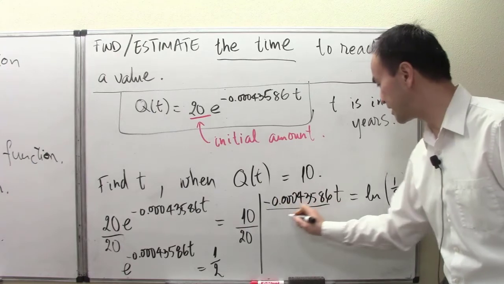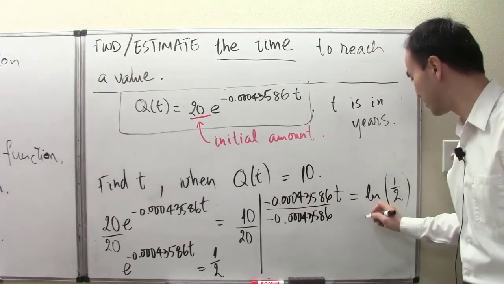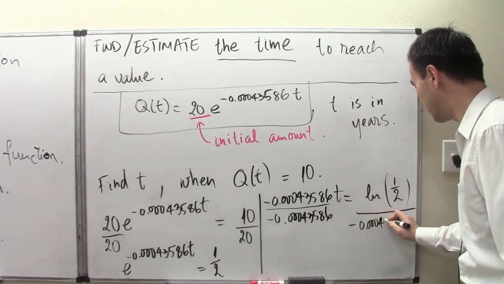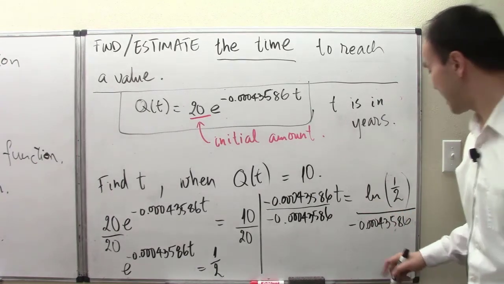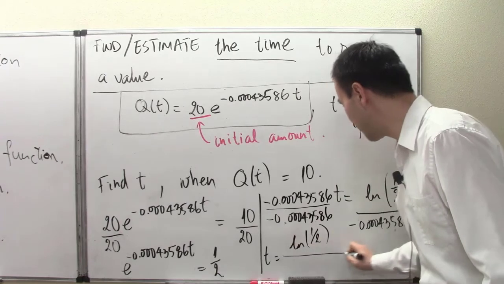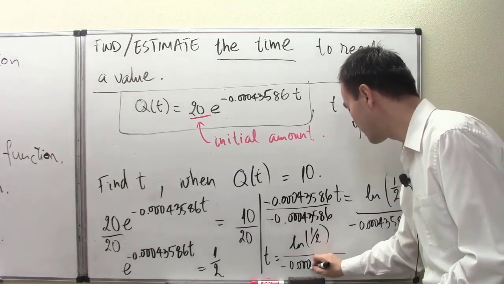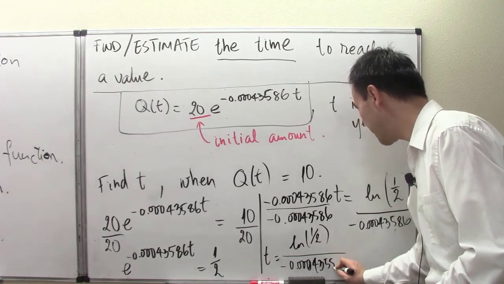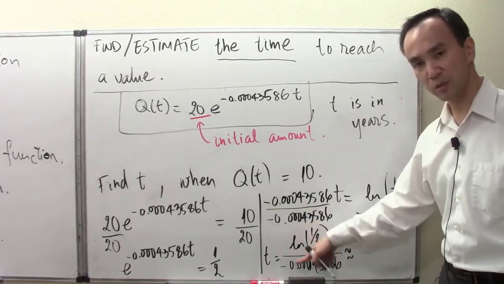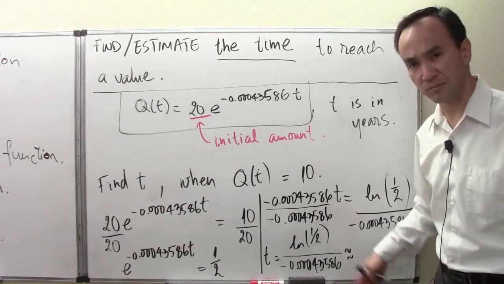I'm going to divide both sides by negative 0.0004356, and I do admit that my board is getting a little tight on space. So t has to equal the natural log of 1/2 divided by minus 0.0004356. All that matters now is punching this expression into the calculator and getting a final value in decimal.